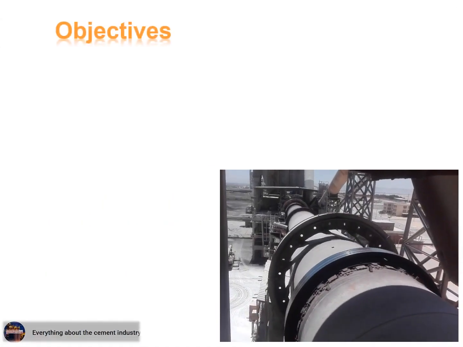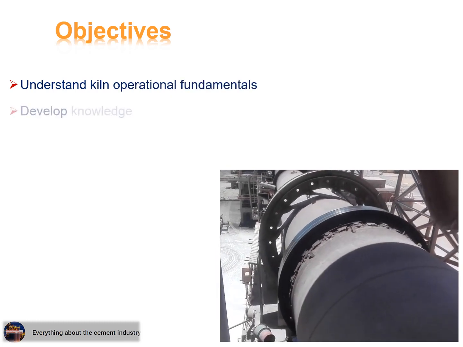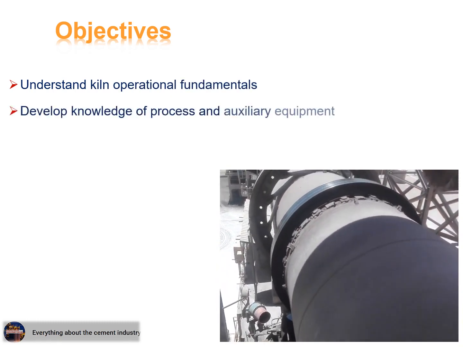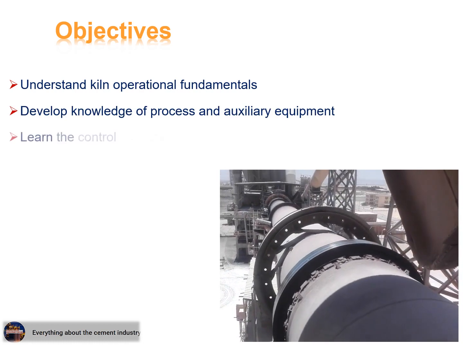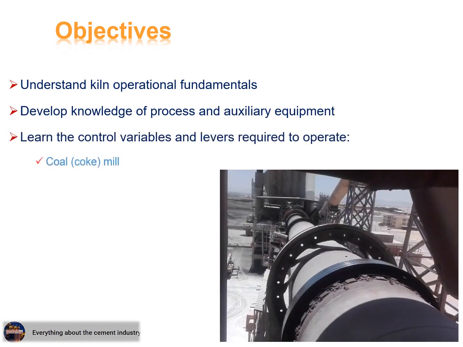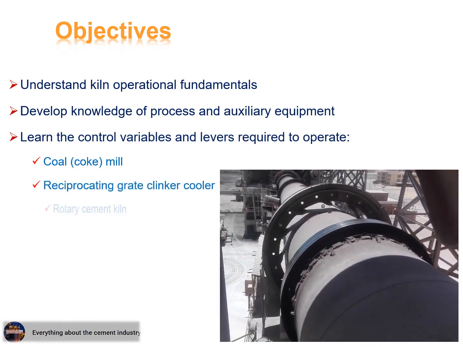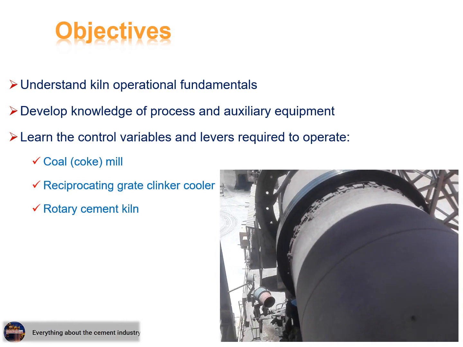Objectives: understand kiln operational fundamentals, develop knowledge of process and auxiliary equipment, learn the control variables and levers required to operate the coal mill, reciprocating grate clinker cooler, and rotary cement kiln.